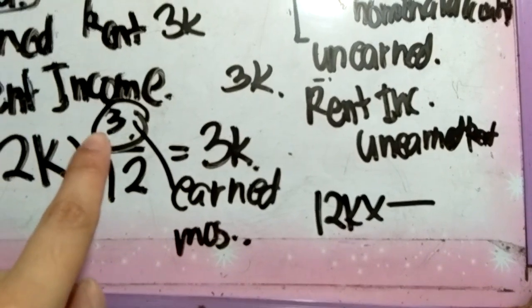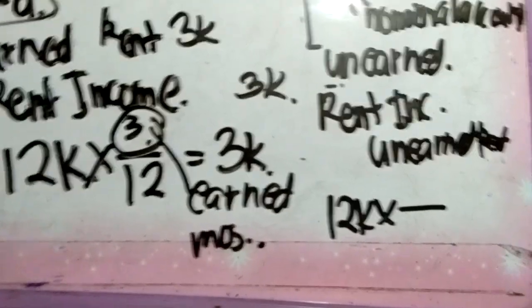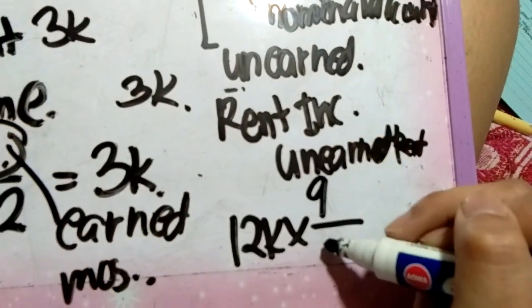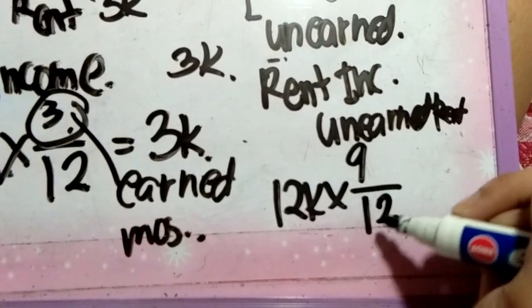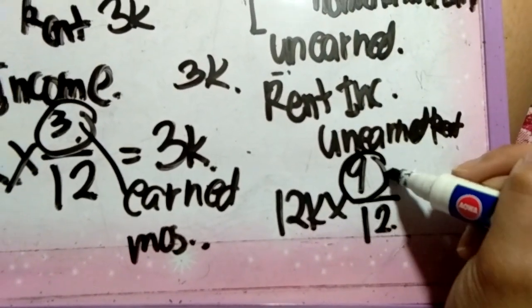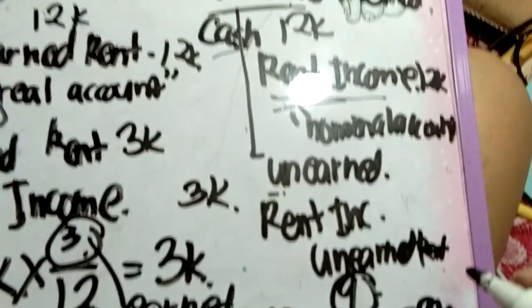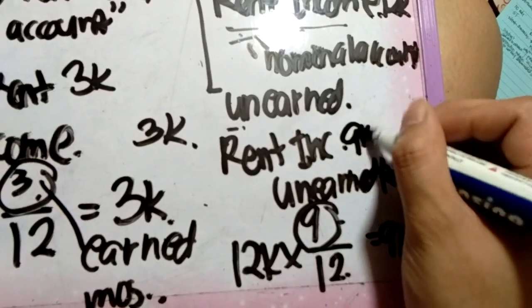So the earned is 3. So 12 minus 3, that would be 9. So we're going to focus on unearned. What is unearned? So this, we're going to focus there. So it would be 9K. If we're going to make a journal entry, this should be 9K.